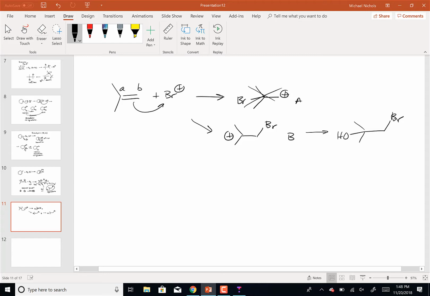It's the electrophile. So if the electrophile goes and adds to the carbon with the most hydrogens, that's an extension of Markovnikov's rule. So if we recognize in the Br2 H2O reaction that Br plus equals my electrophile equals my normal H plus, Br has to add to the carbon with the most hydrogens. Therefore, this is Markovnikov addition.